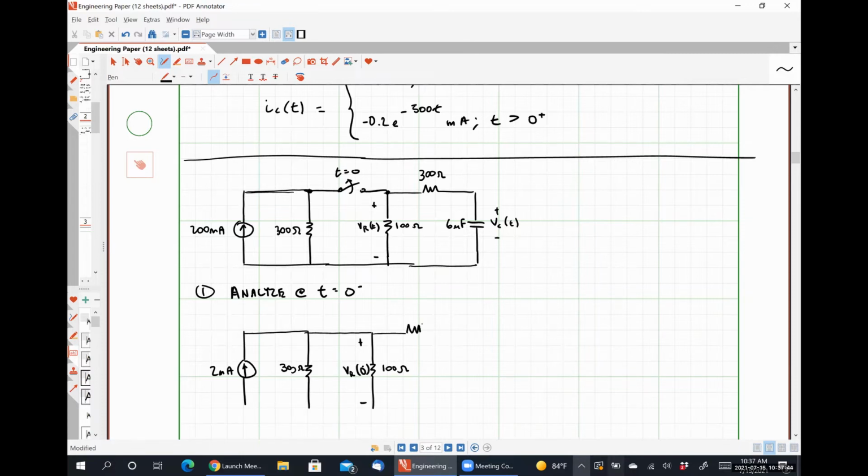Here we have an additional 300 ohm resistor. And then these are the open circuit terminals of our capacitor, because at DC steady state, the capacitor looks like an open circuit.